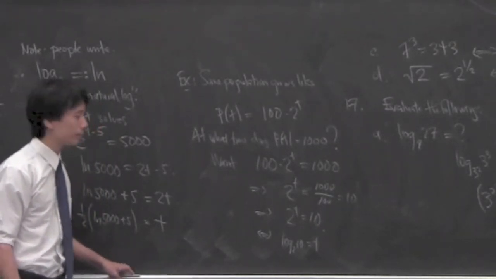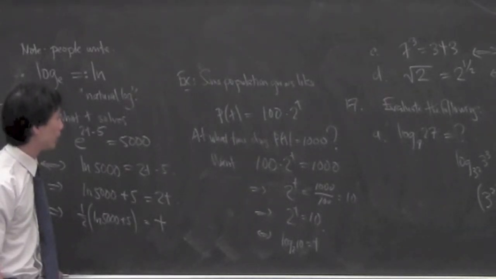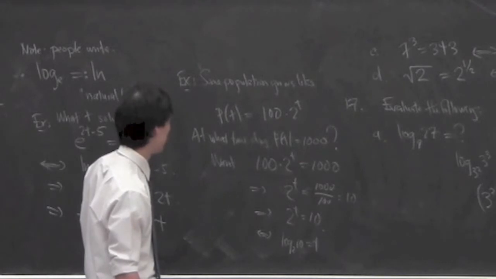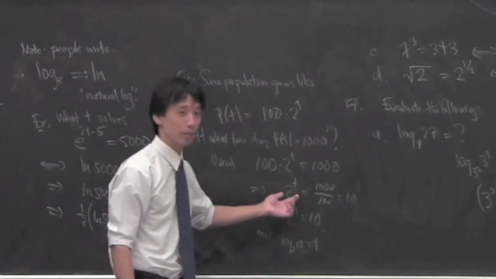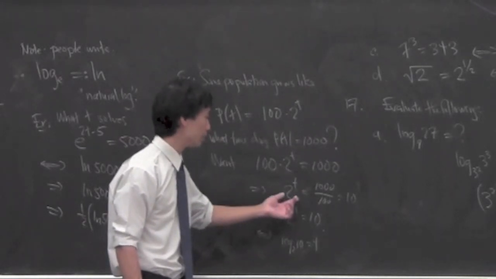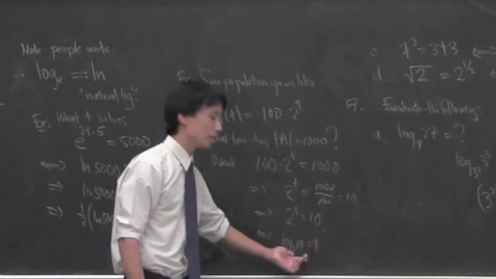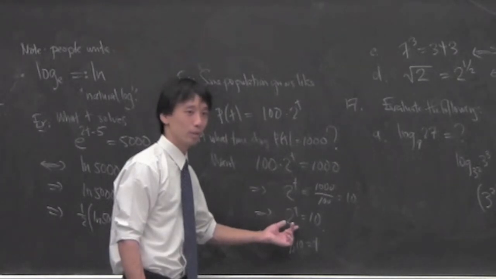So if you look at a problem, how do you know whether you should be using log or natural log? Well, here in this one, you've got 2 to the t, right? So it makes sense that you take this statement and translate it into a statement about powers of 2.